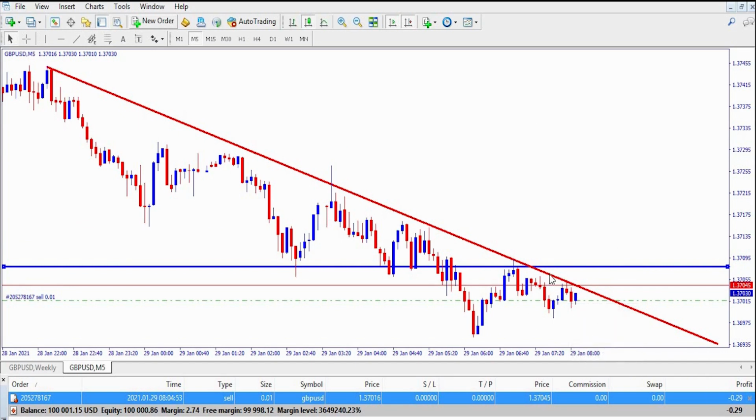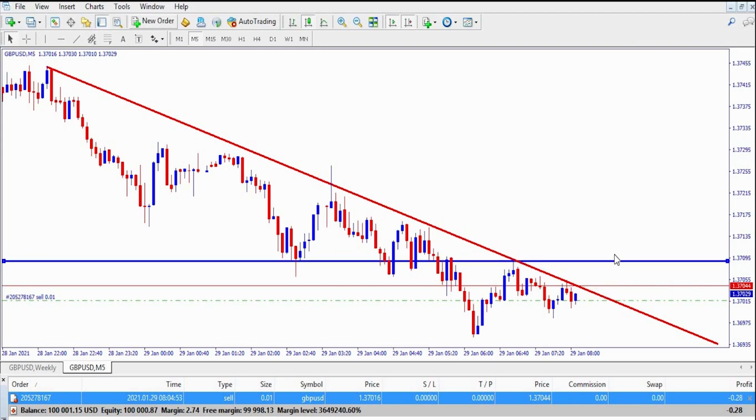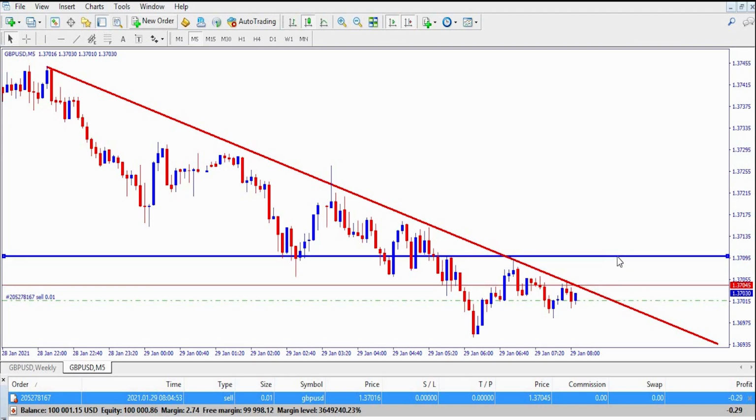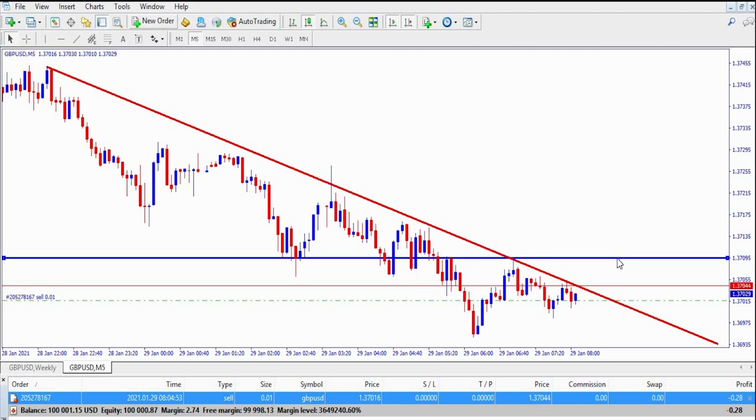So if this market breaks above this trend line, if you don't understand trend lines, you can see my trend line videos to understand it. So if this market breaks above those points, I believe that's the breakout, and it could be the beginning of another trend.